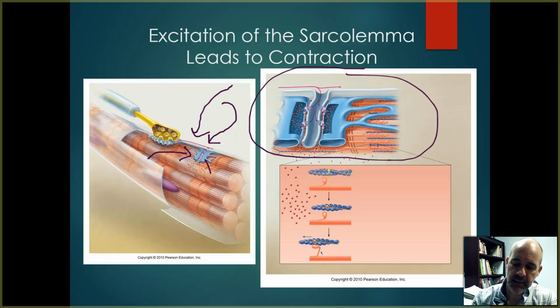So in pink there, that's showing an action potential coming down into a T-tubule. And as that action potential travels along the T-tubule, that triggers calcium ions to come out of the SR. Calcium comes out. All these little things you see over here, those are calcium ions.